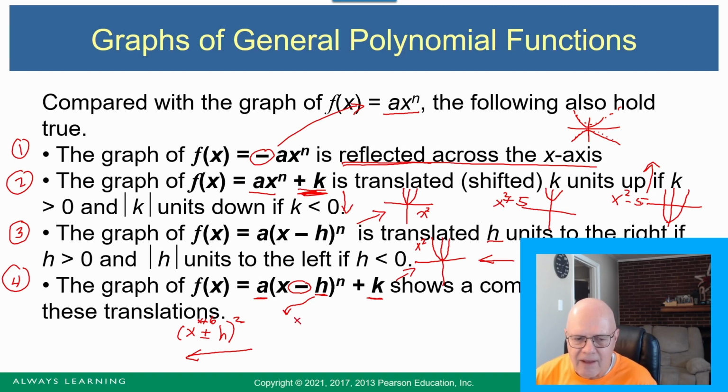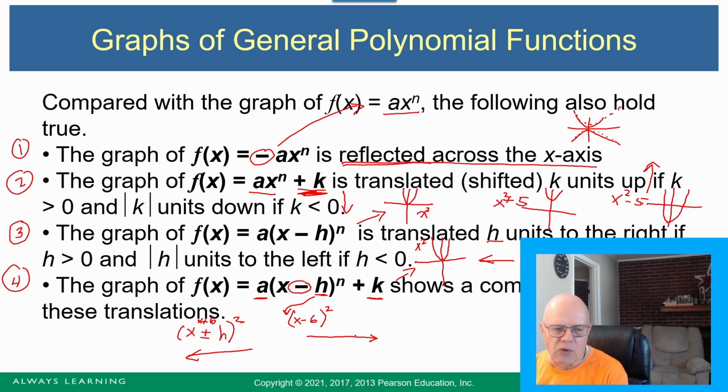If instead I have x minus 6, and now that's squared, I take the opposite of this, and the original basic function is moved to the right.